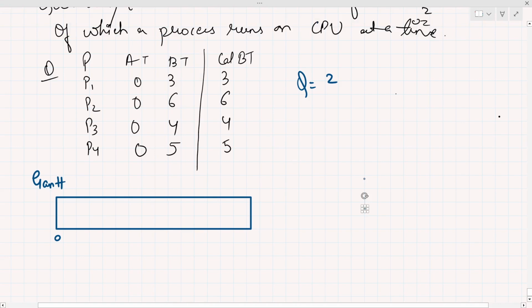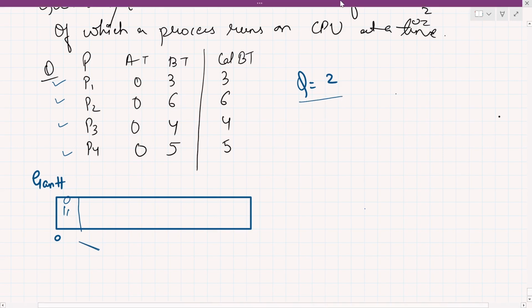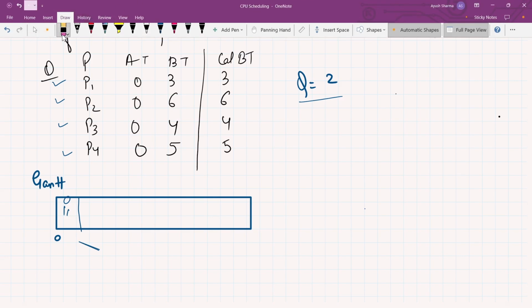At 0, how many processes are available? All the processes, P1, P2, P3, P4, are available to execute. If all the processes are available, we select the process according to FCFS. So P1 gets the CPU first. How much time does P1 spend on the CPU? Only 2 units, because the time quantum is 2, the maximum time a process can spend on a CPU.